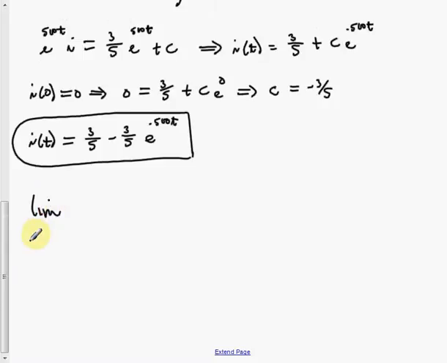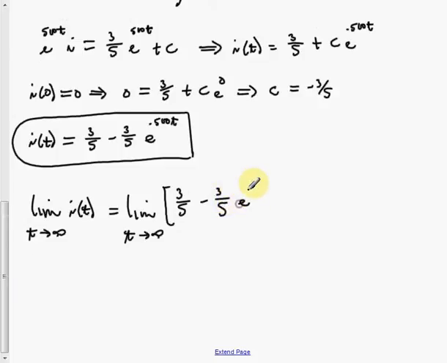So the limit as t goes to infinity of I of t is equal to the limit as t goes to infinity of 3 over 5 minus 3 over 5 times e to the negative 500t.